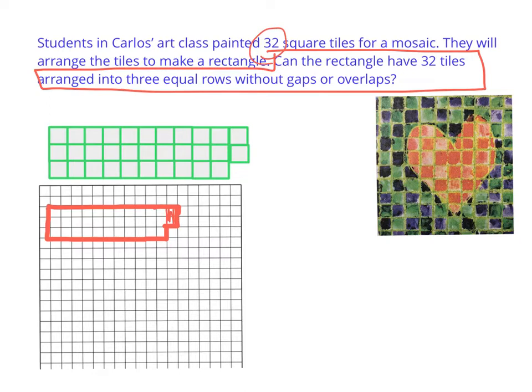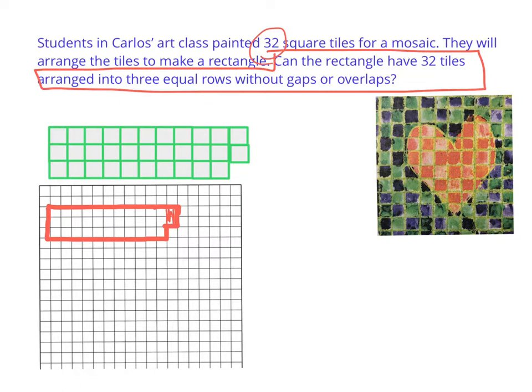So basically, we're talking about 32 tiles, and we do want to divide it into 3 equal rows. So let's divide 32 into 3 equal rows. So go ahead and work this out in your notebooks or in your workbook and pause this video until you're ready.